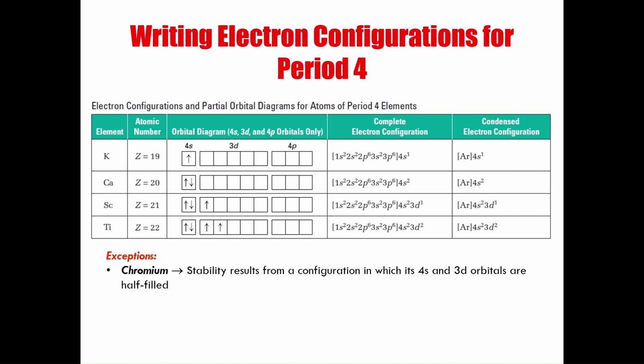Chromium is one such example. Chromium is more stable when its 4s orbital donates an electron to the 3d orbitals so that both sets of orbitals are actually half filled. Now, this is actually supported by the Pauli exclusion principle. The Pauli exclusion principle outlined 3 possibilities for stability. The first was that the whole orbital set could be filled with electrons.